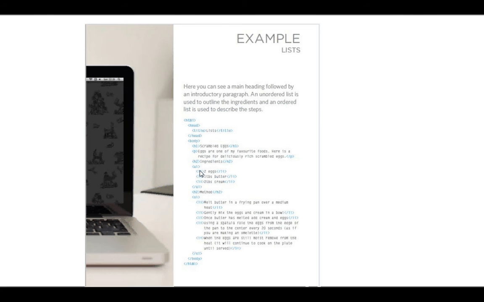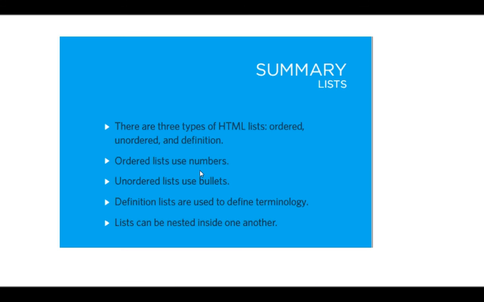To summarize this chapter, we understood about ordered lists, unordered lists, and definition lists. There are three types of HTML list: ordered, unordered, and definition. An ordered list uses numbers. An unordered list uses bullets. Definition lists are used to define terminology. This is important.